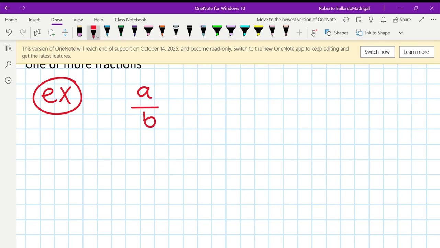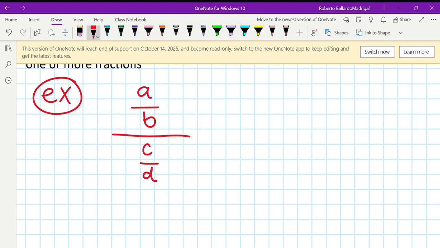I have a fraction a over b, but that is the numerator for a fraction c over d. So this itself is a complex fraction because my numerator is a fraction and so is my denominator a fraction.